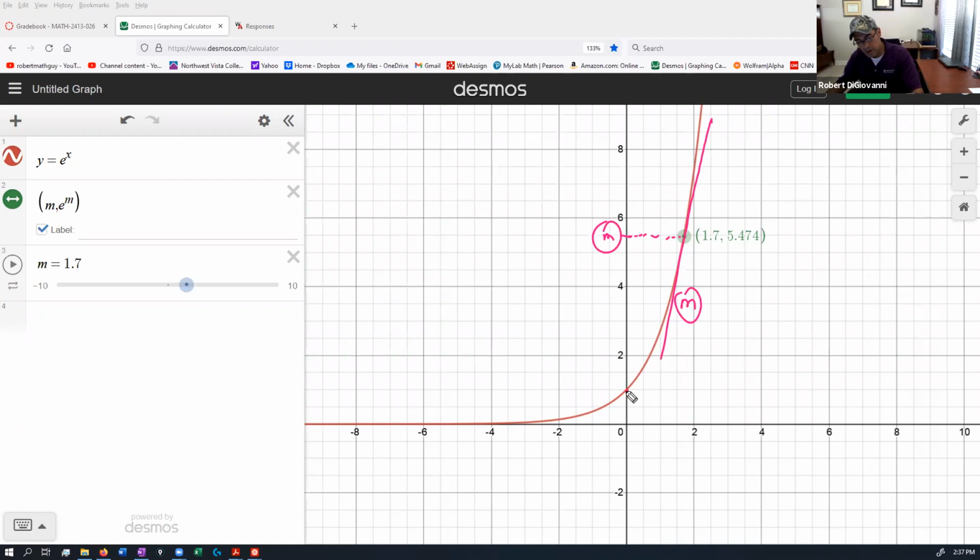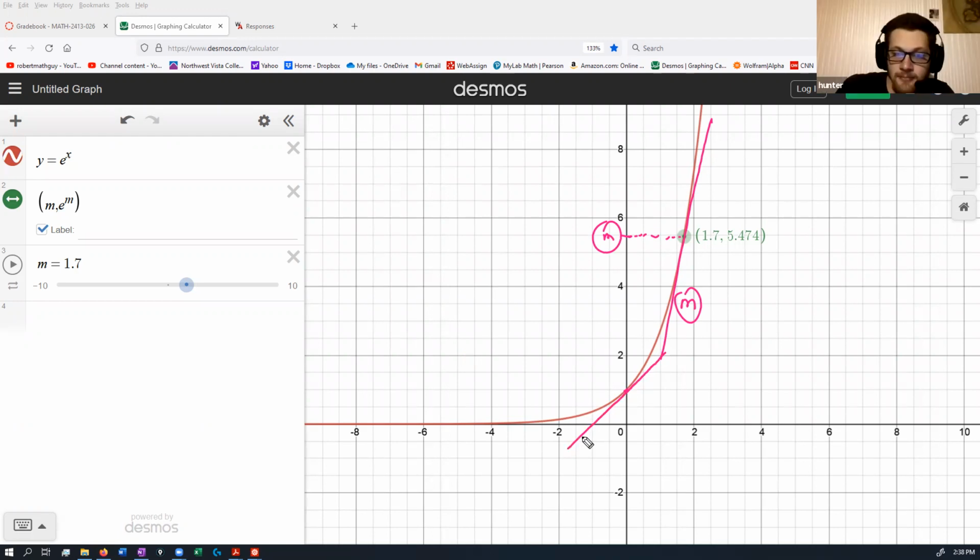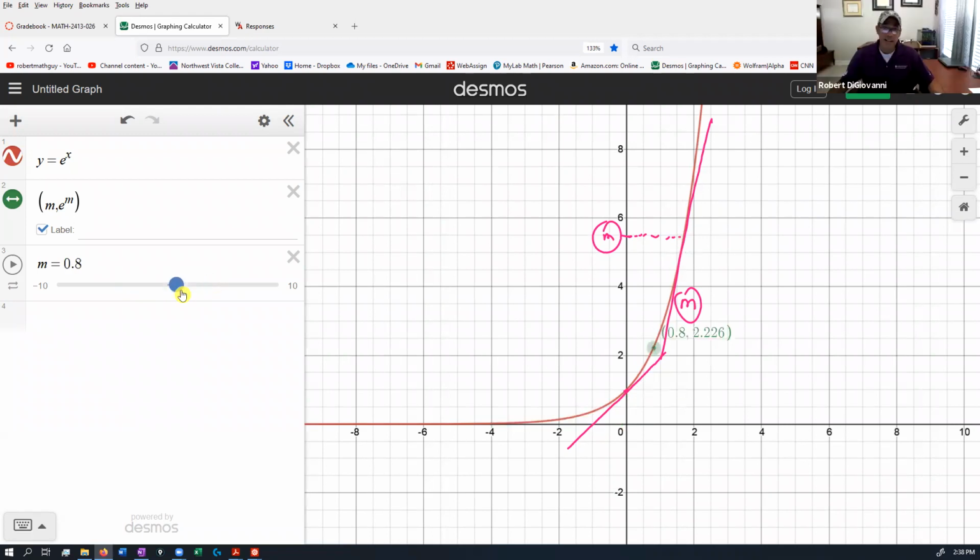You don't believe it, go here. What does the slope of the tangent line look like it is here? 1. What's that point? 0, 1. Oh, that's what's happening. Everywhere on the curve. Which means this.